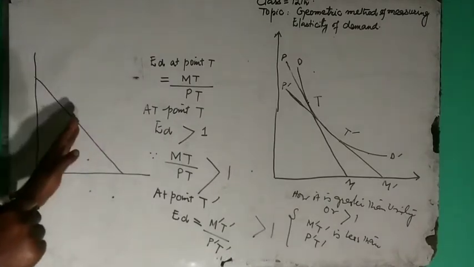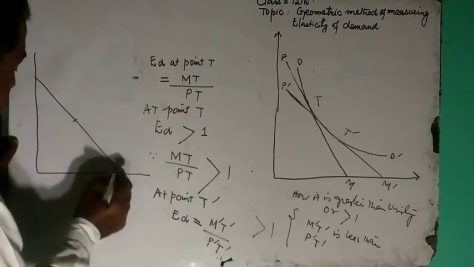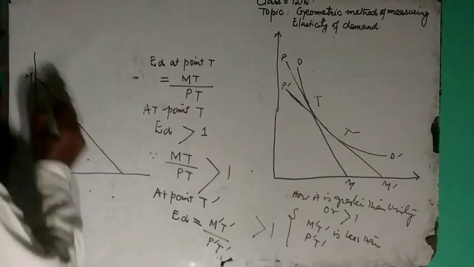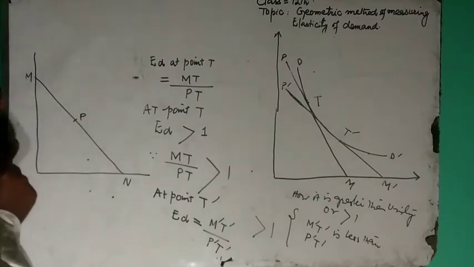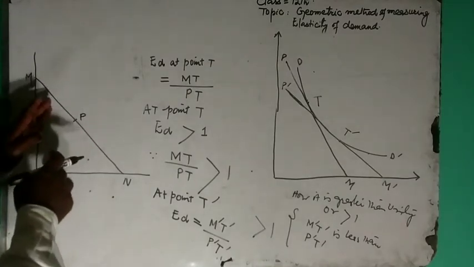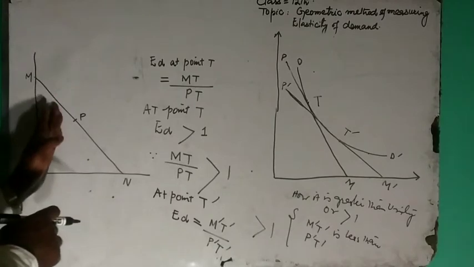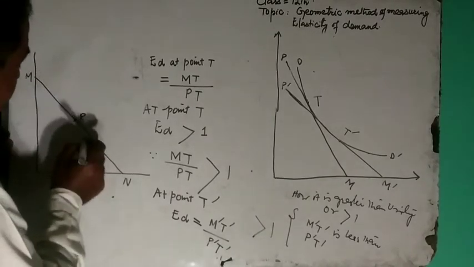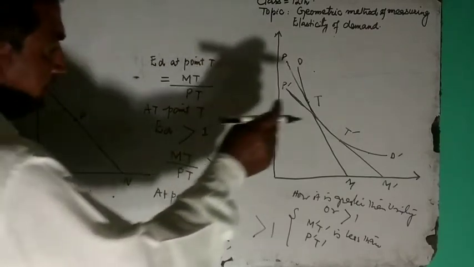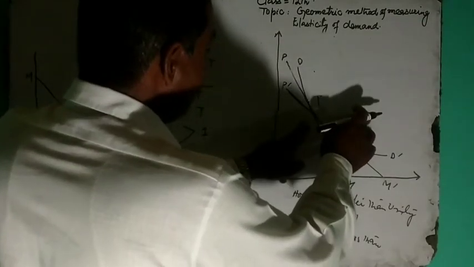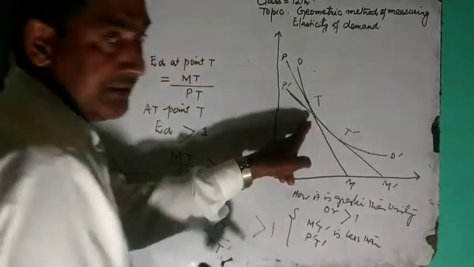This was simple. We did not have to draw a tangent because it is a straight line demand curve, but when it is a normal demand curve, we have to draw a tangent.